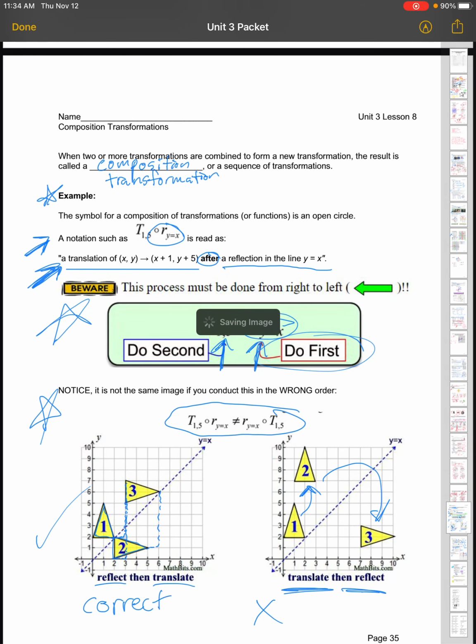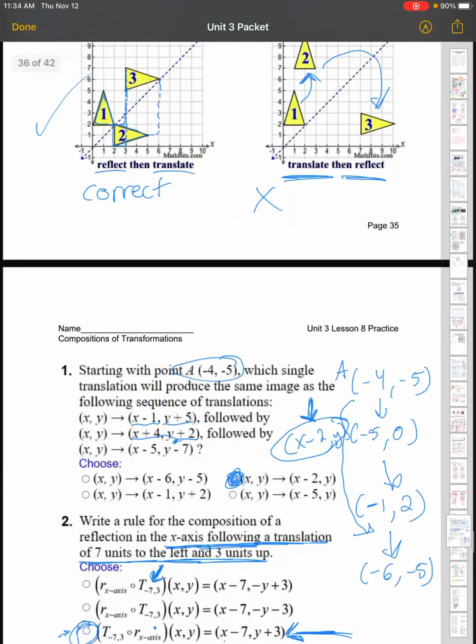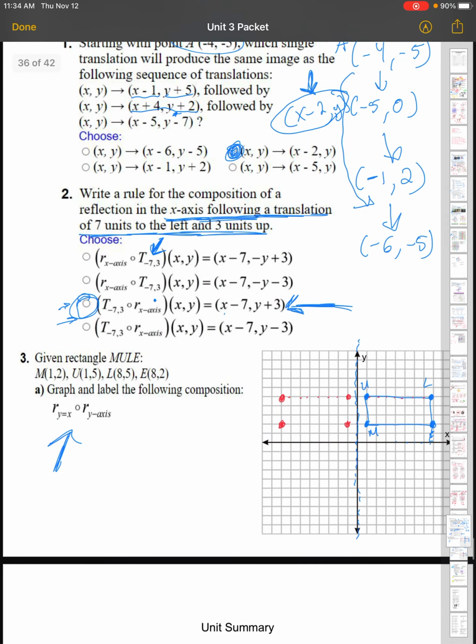Sorry about that, guys. Sometimes I tap the side pictures with my palm. So we're over here, after a reflection in the y-axis. Now we have U prime, L prime, E prime, and then we have M prime here.